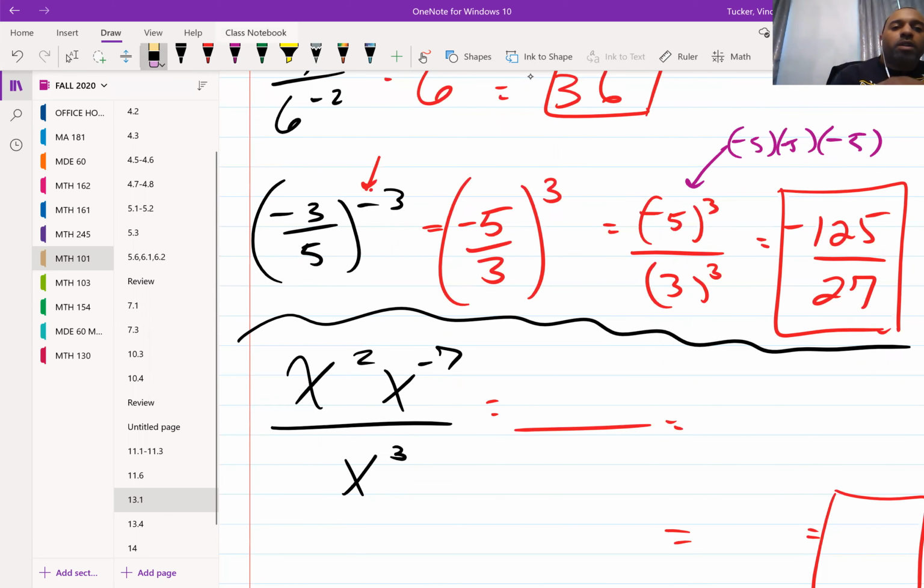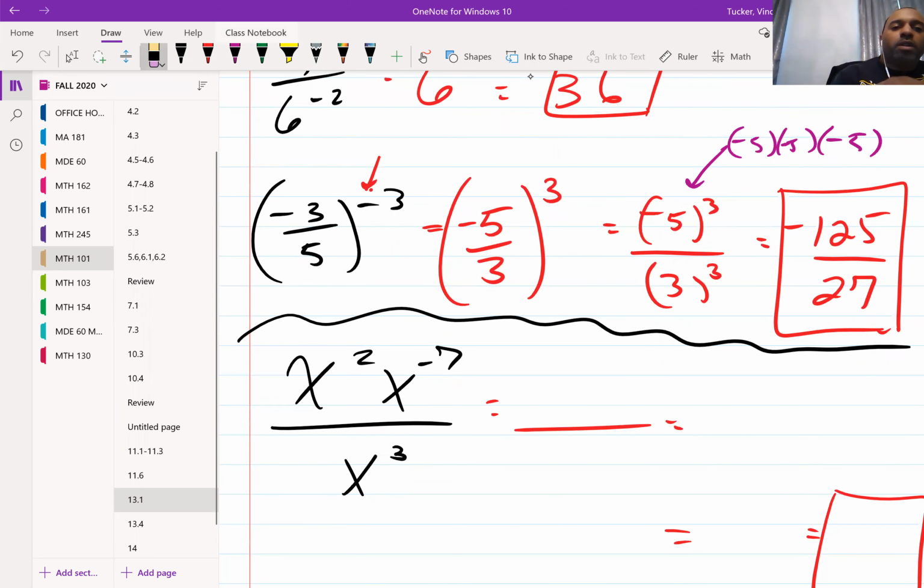All right, so here we have 2p to the negative 4th q to the 3rd over 5p squared q, all raised to the negative second power.